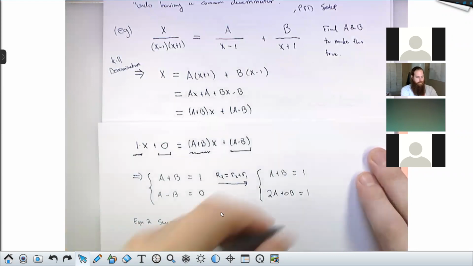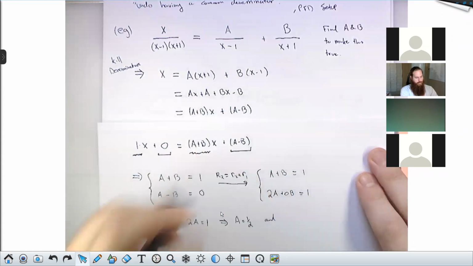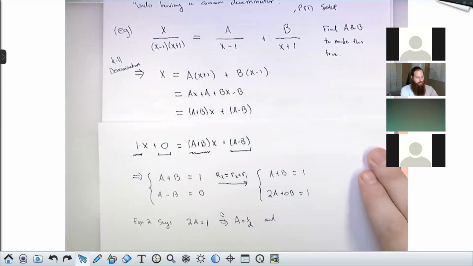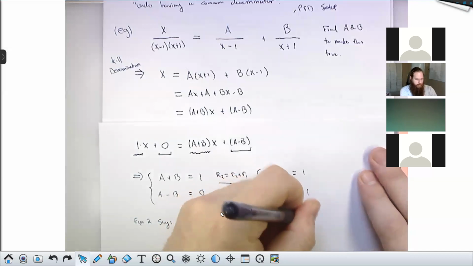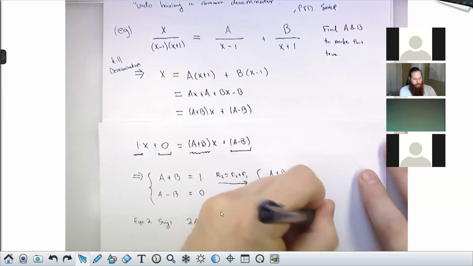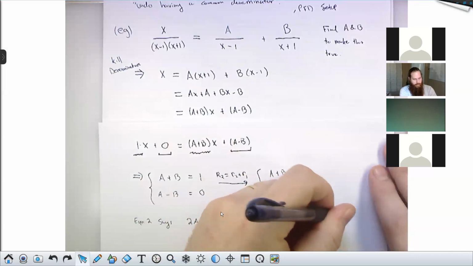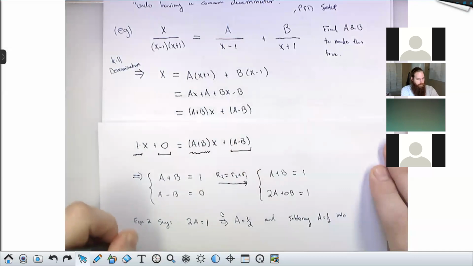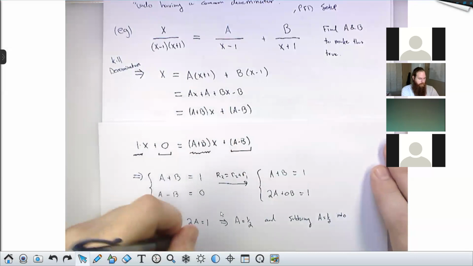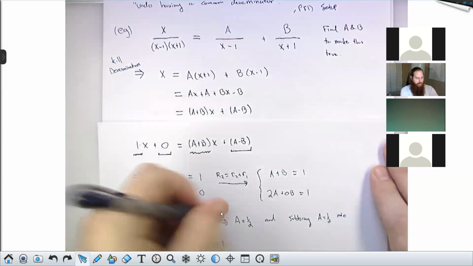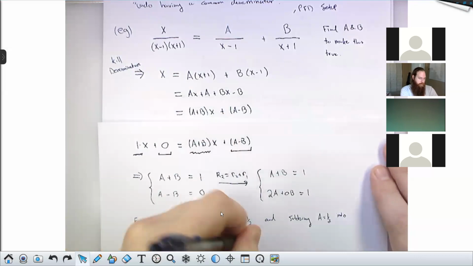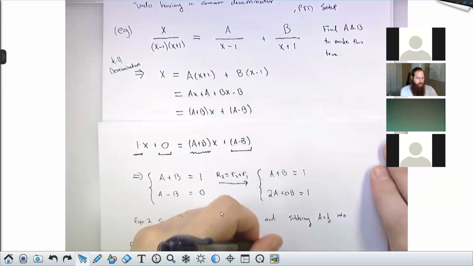And if I take that and plug it into equation 1, so subbing a equals 1/2 into equation 1, we find 1/2 plus b equals 1, which implies that b is also 1/2.